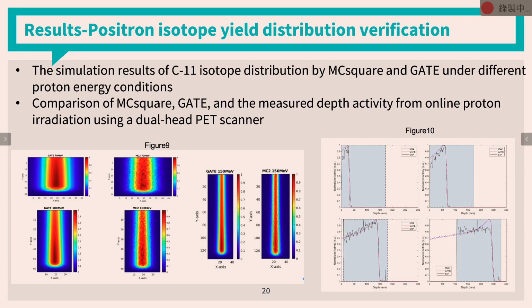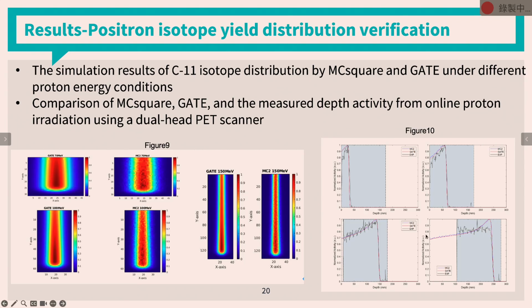However, in the proximal range, especially at high proton energies like 200 MeV, there are noticeable differences between MC² and PET measurements. These differences are likely because the simulations don't yet include the positron range and PET detection system modeling.